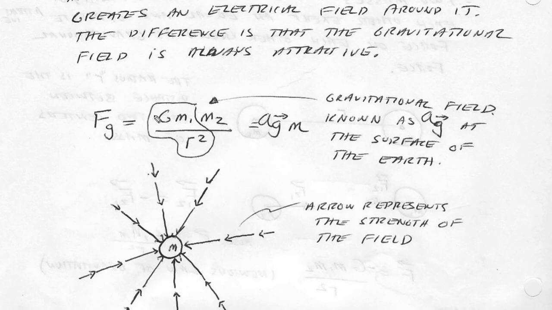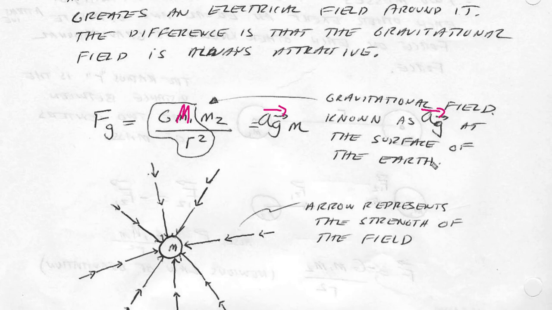So first of all, when we see that we have F of g is G m1 m2 over r squared, this first part of the equation here, which I'll put a big M just to emphasize that we're talking about the Earth or a planet, G M over r squared, that's going to be called the gravitational field, known as a sub g. So that arrow should be above the a, and it's at the surface.